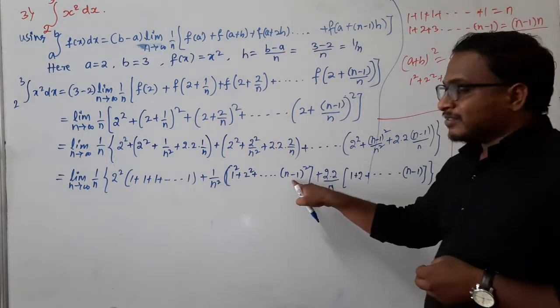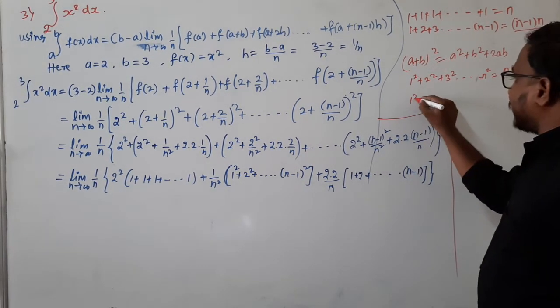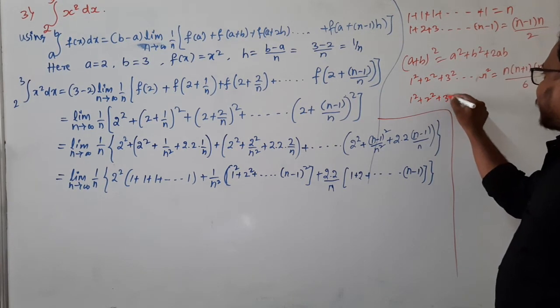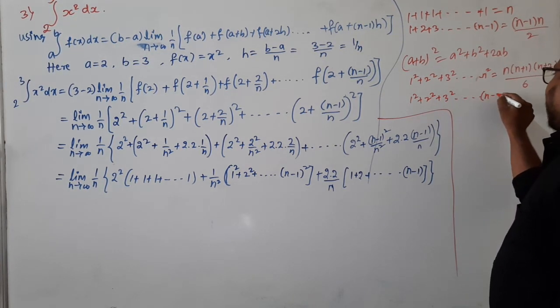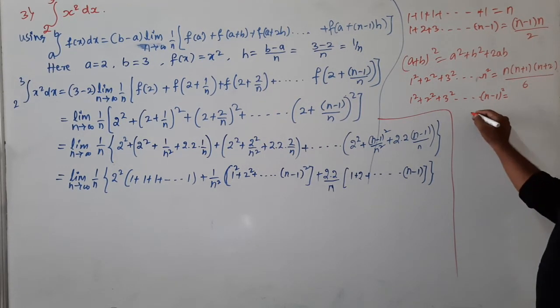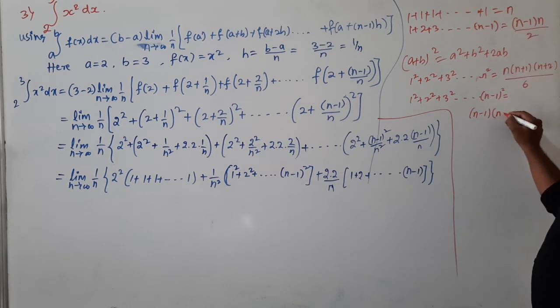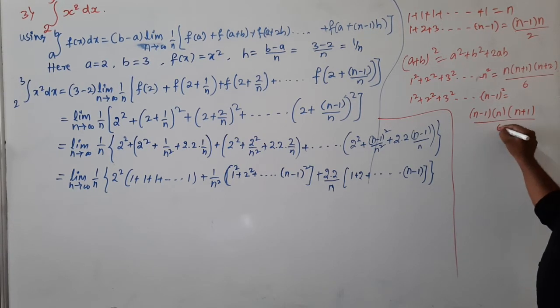But here how many terms are there? n minus 1 terms. So if we substitute 1 square plus 2 square plus 3 square and so on up to n minus 1 square, in place of n we have to substitute n minus 1, that is n minus 1, n, n minus 1 plus 2 is n plus 1 divided by 6.